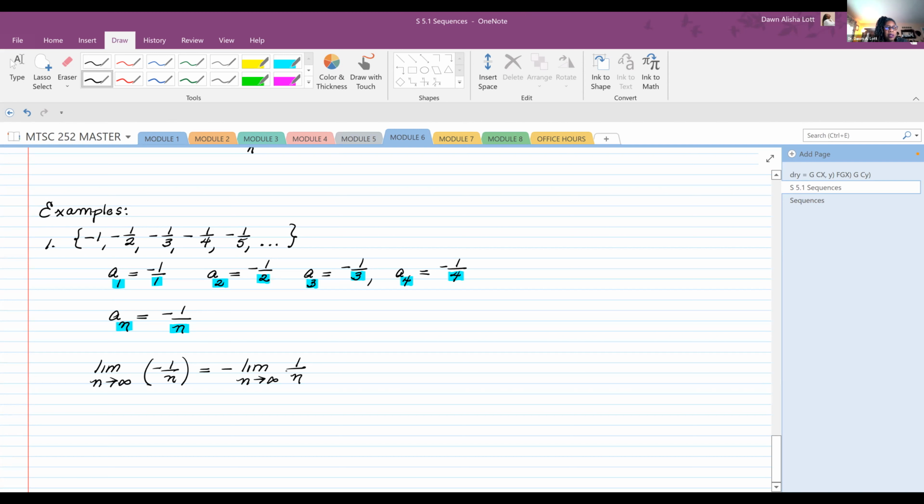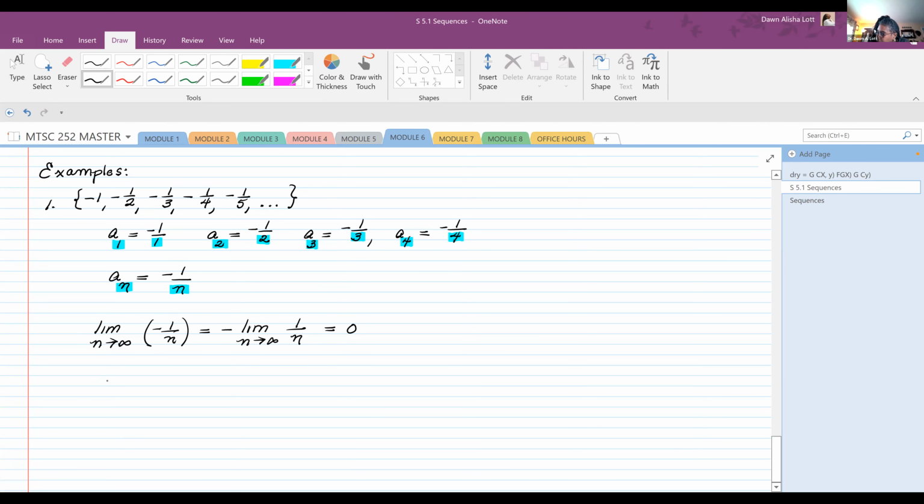You have one pizza and you're dividing it by everybody on campus. You barely get any. That limit is 0. Okay. So we can say the limit as N approaches infinity of the sequence AN is 0. So that implies that the sequence, N equals 1 to infinity, converges.